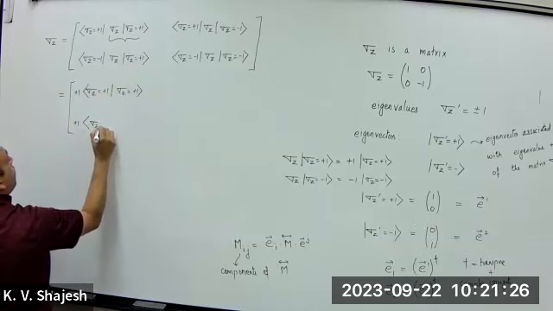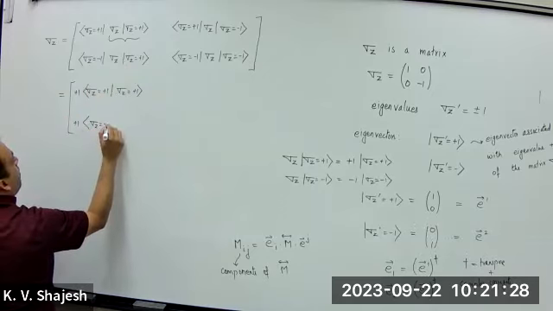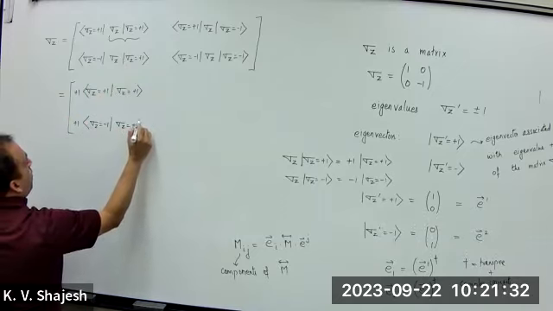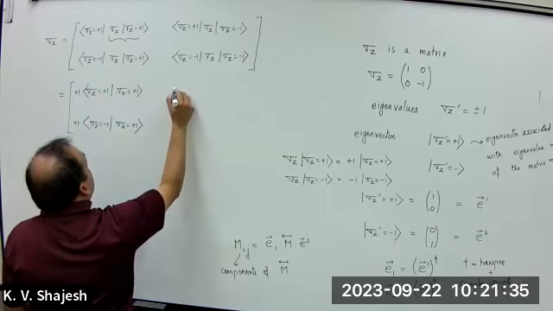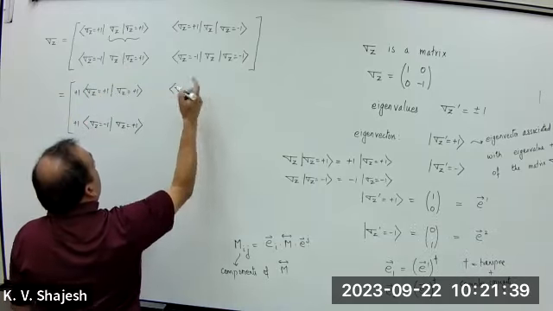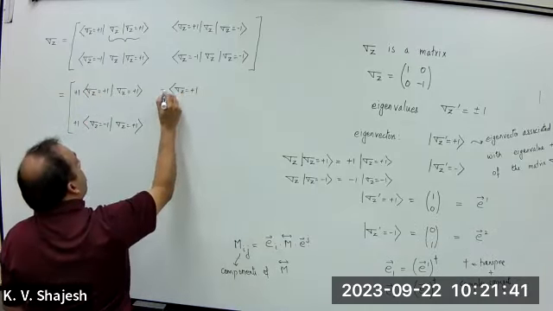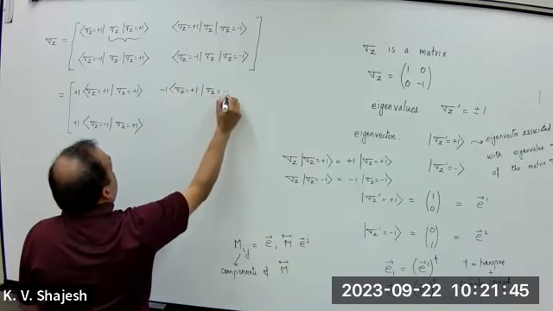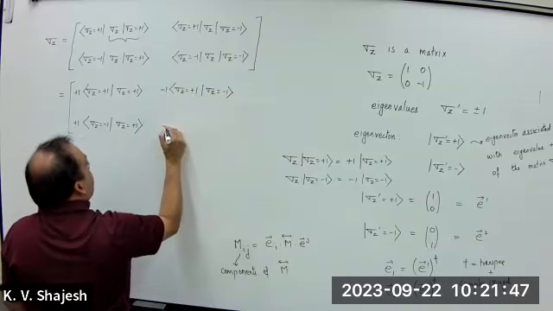Sigma z equal to -1 times sigma z +1. -1, so it's -1 times sigma z equal to -1 and -1 again.